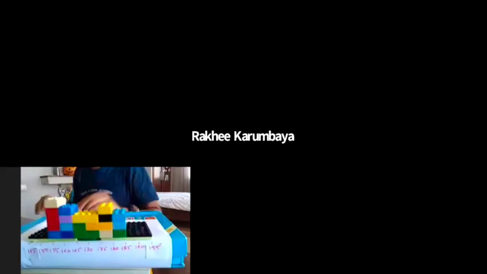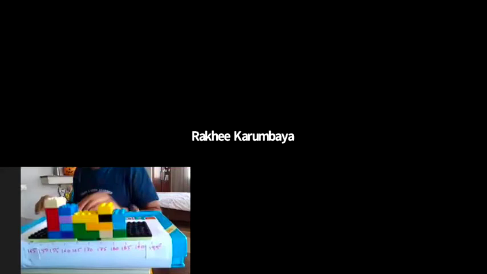Uzma says she can't see the Lego. A lot of people are saying that. Kustub has two windows. You might see two windows of him. So you have to put it to the grid view first, and then you'll see Kustub's second window, and you can pin that video to be your full screen.